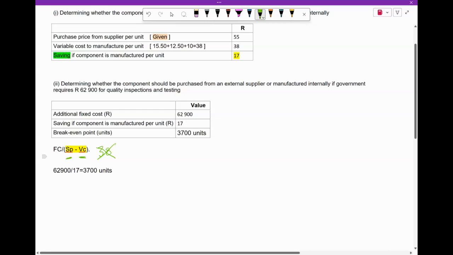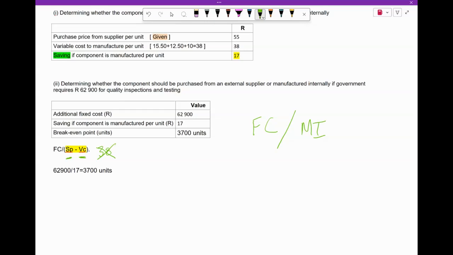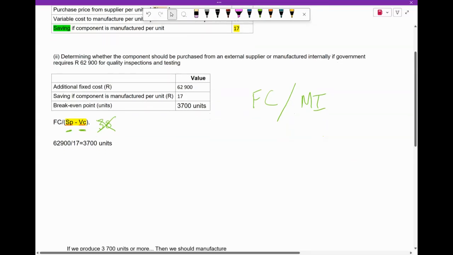Okay. So that's a very good question. This is why, whenever we do the formula for break even, sometimes you'll see we just say fixed cost divided by your marginal income, because we know variable costs have already been covered. Okay. Right. Good questions.